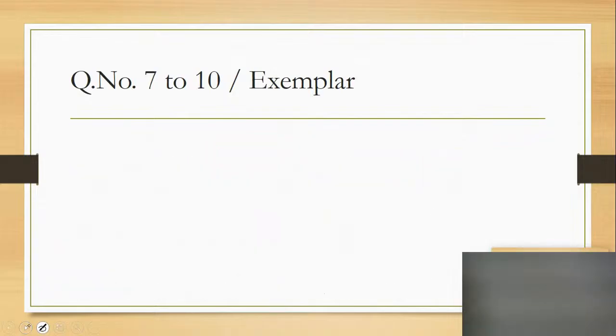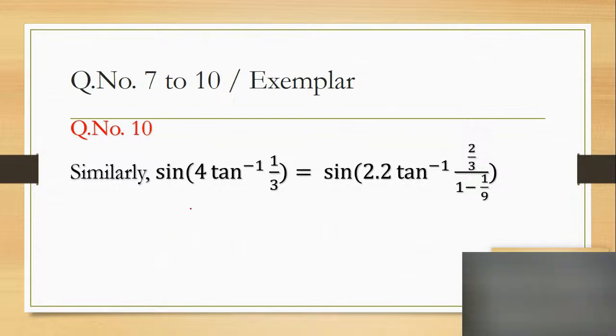So the next step will be sine 4 tan inverse 1 by 3 equal to sine 2 into tan inverse 2 by 3 over 1 minus 1 by 9. I hope that there is no problem to understand up to this step.